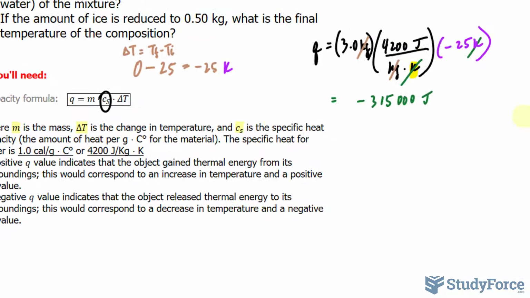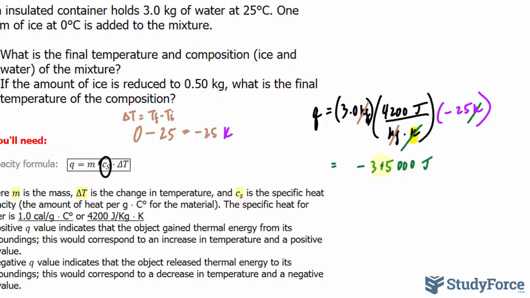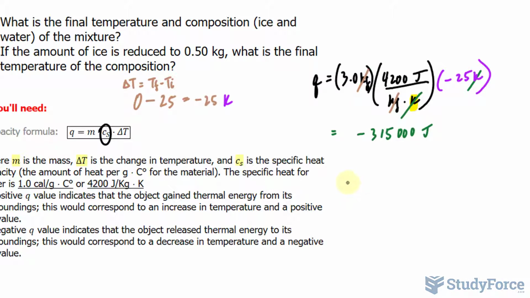So with that being said, we can now use this energy value to find out how much ice it can melt. What I'll do is create a second equation where I have Q is equal to the mass of ice that will take in this much energy, times the heat of fusion for ice. The heat of fusion for ice is different than the specific heat capacity. It's usually much larger than the specific heat capacity. This is the amount of energy needed to convert the solid phase into liquid phase.